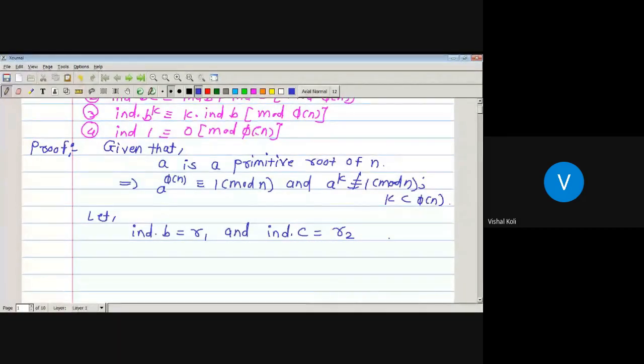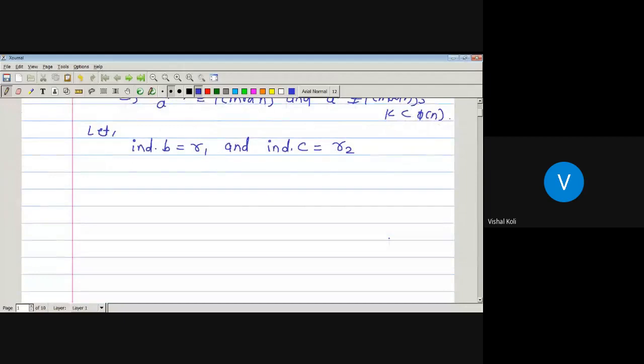Then by the definition of index of an integer a modulo n, h is the index of a modulo n if, for r any primitive root, r to the power h is congruent to a modulo n. Then we say that h is the index of a modulo n.